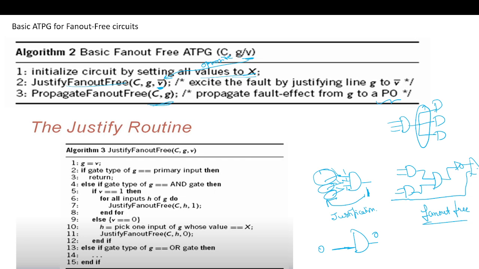Similarly, to propagate we have a similar algorithm. If the gate is an AND gate and we want 1, we justify all the values to be 1. If it is 0, any one can be justified to 0, the one which is having a don't care value or is easily controllable. And a similar procedure applies for an OR gate.